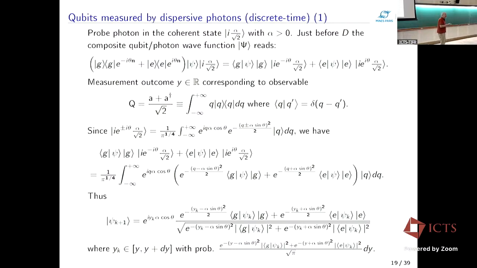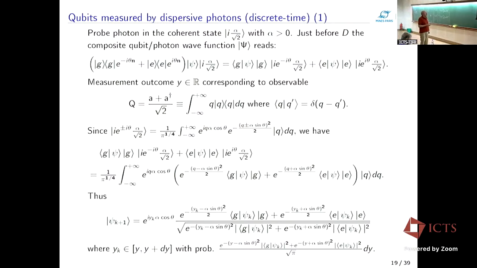Here you will see that you will get the Wiener approximation with alpha small, and also with theta small, both. You assume these two parameters are small, and we will do the asymptotic expansion and see that at the end we obtain the stochastic master equation, but driven by Wiener noise.